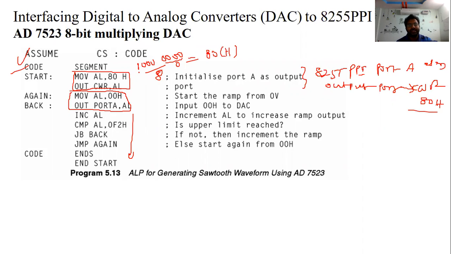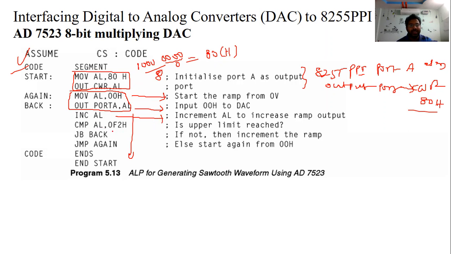Once it is initialized, for start of conversion you just move 00. You know the start of conversion. So once it starts, you can load the data to port A. Then you increment AL by one.